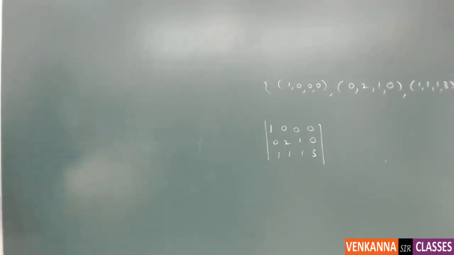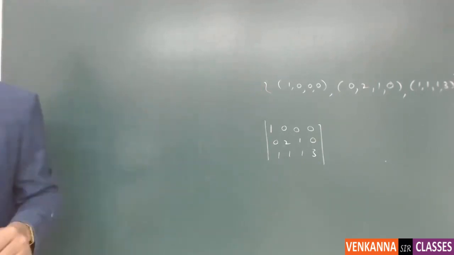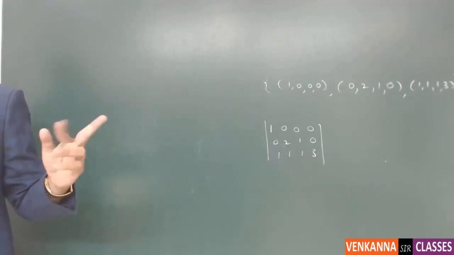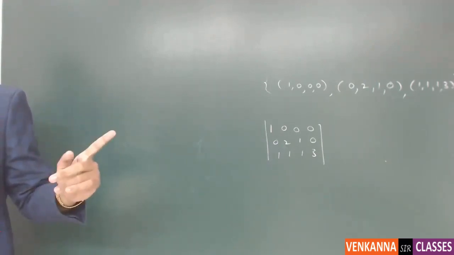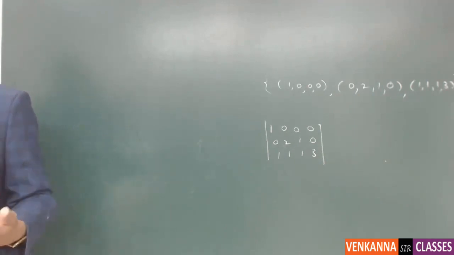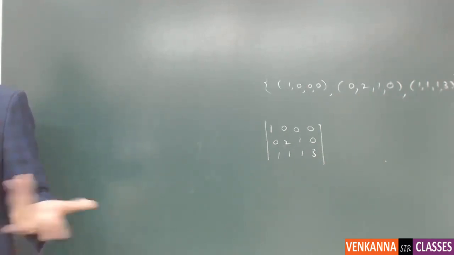Whenever you take 3 vectors having 4 coordinates, and you want to check whether it is independent or not, there are 2 methods available. One, write the linear combination and try to find the values of a, b, c. Sometimes it is possible, sometimes it is not.